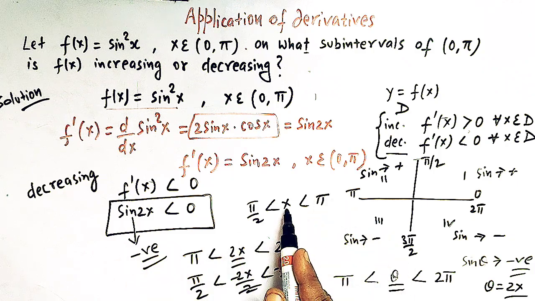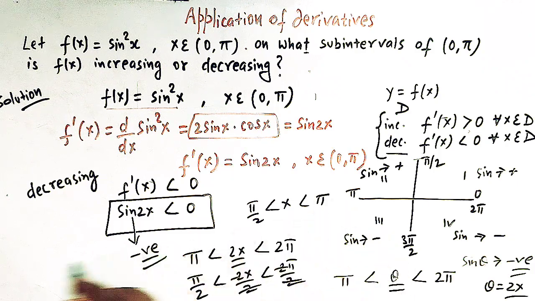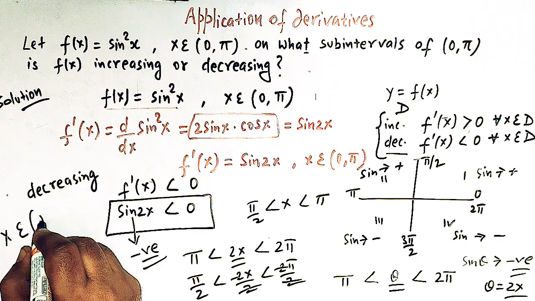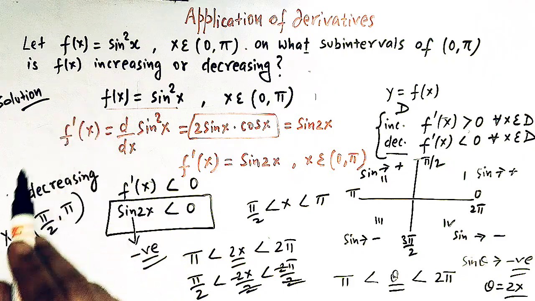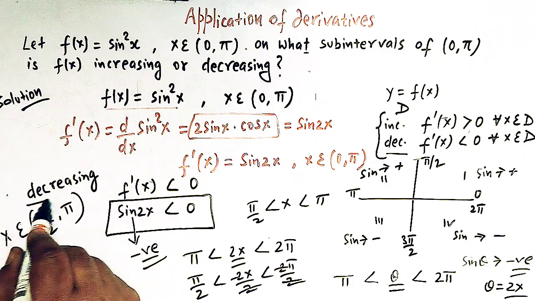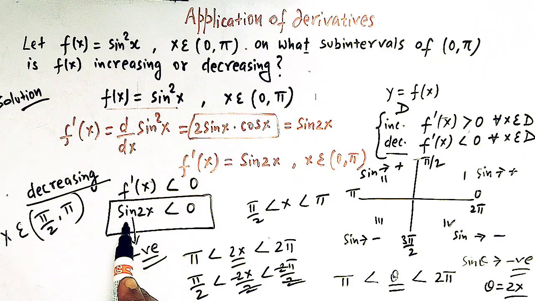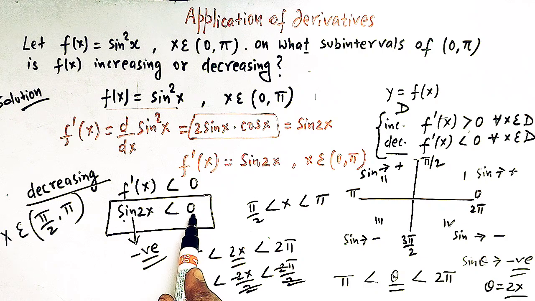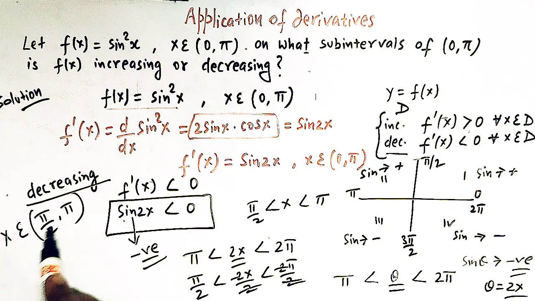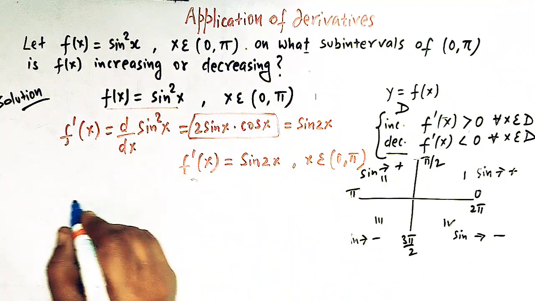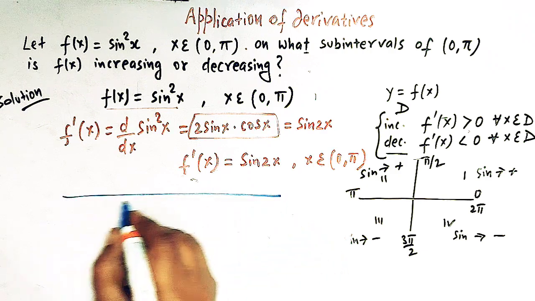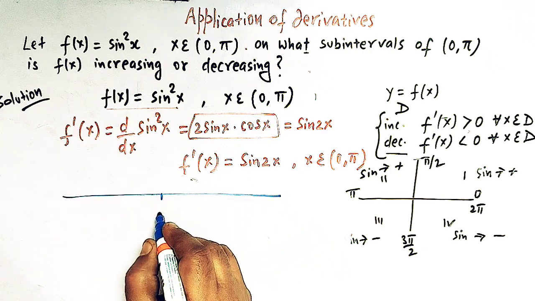So when x belongs to the interval pi by 2 comma pi, then this function f of x is said to be a decreasing function. So when sine 2x is less than 0, it implies that x should belong to this interval pi by 2 comma pi.